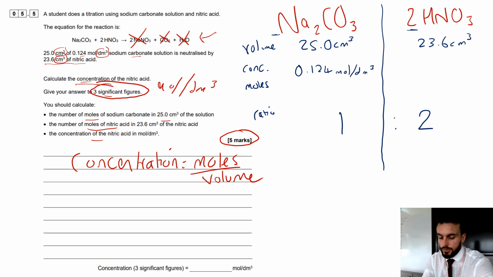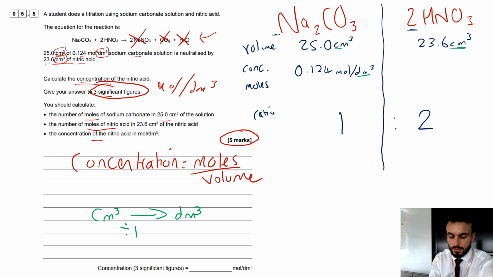It's up to you where you choose to do this step, but I would just convert the units straight away. This unit needs to be in decimeters cubed. To go from centimeters cubed to decimeters cubed, well, there's 10 centimeters in a decimeter, but because it's cubed, you're going to have to divide by 1,000 to get it in the correct unit.